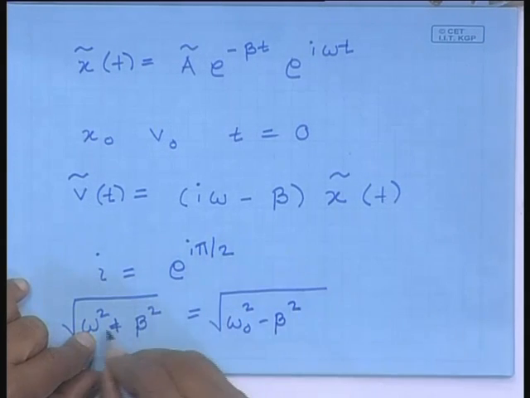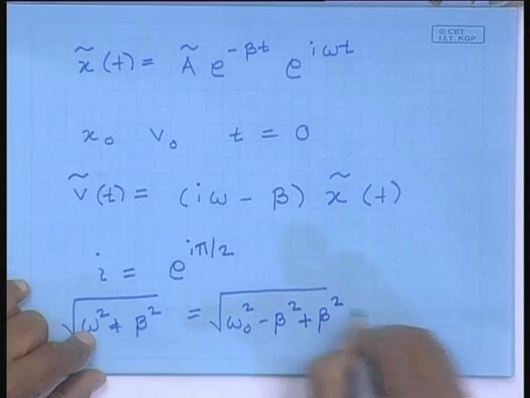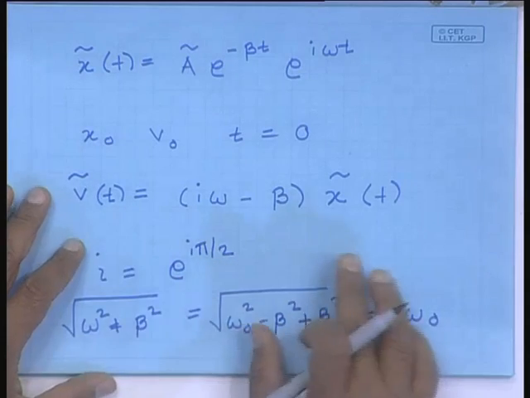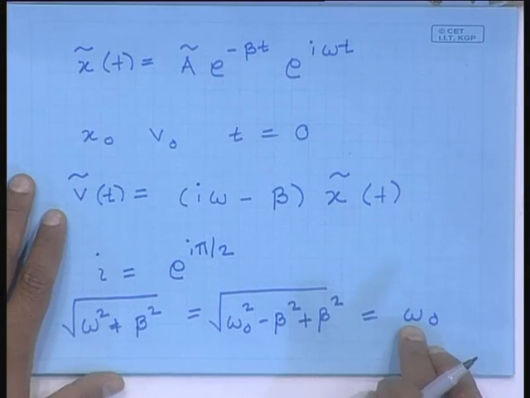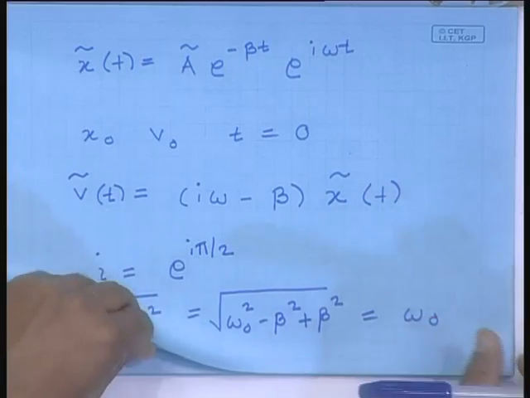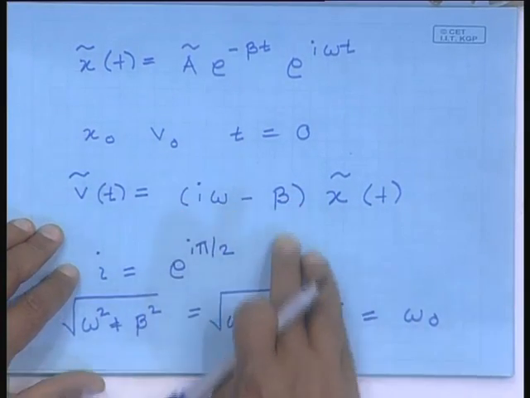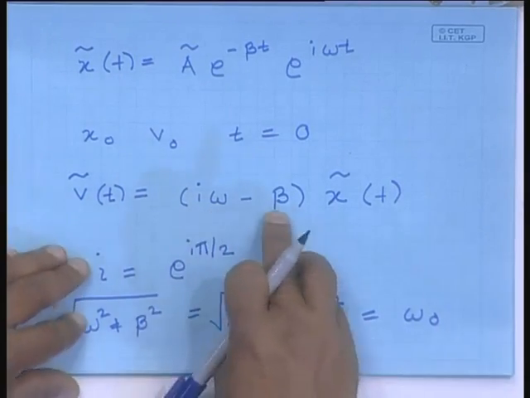So, what we have is the square root of omega naught square minus beta square plus beta square. This whole thing gives us omega naught. So, the amplitude of the number which multiplies x tilde to give the velocity is omega naught, just as if there was no damping. And the phase of this number is the tan inverse of minus omega by beta.